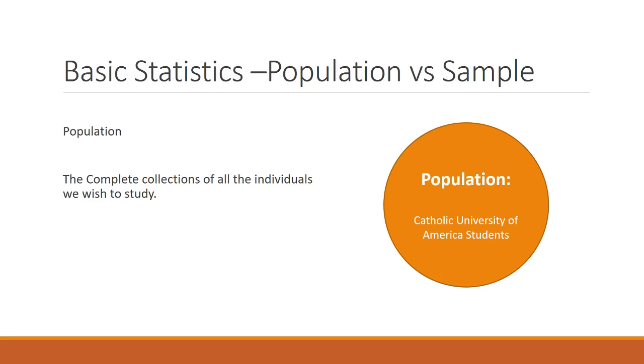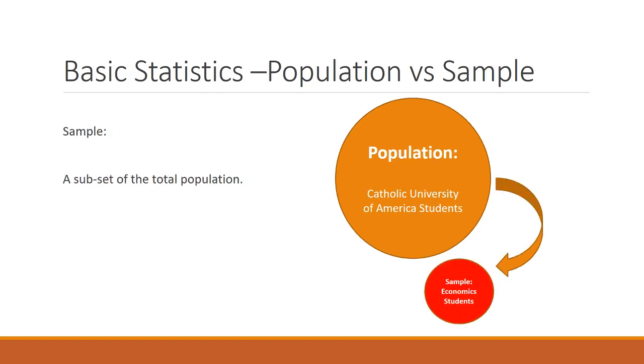Let's think of another example. Let's say we want to know something about students here at Catholic University of America. The whole body of students, all the students at the university, would be the population. But let's say that for some reason we can't collect data on the whole population. What we would need is to take a sample population, some subset of the total population.